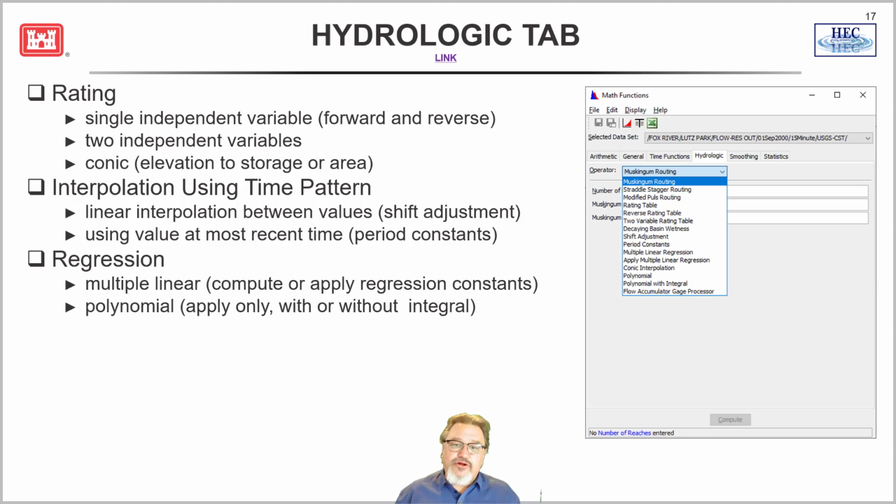But if you have a polynomial that has been computed, you can apply it with or without an integral. Again, if you need information on what this is and why you would use it, I suggest you go back to the HEC-DSSVue manual, as I showed in the link, and read up on it there, because it gets a little too deep to discuss here very much.